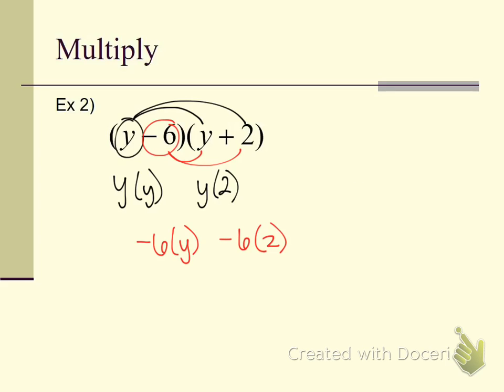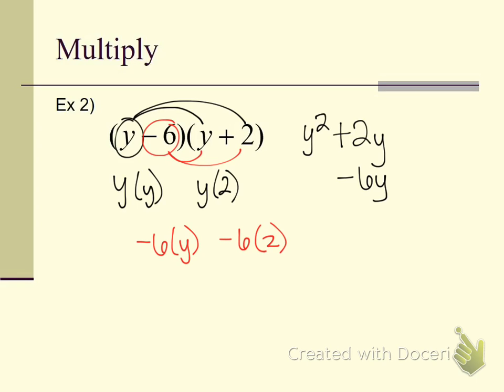What is y times y? Y squared, y to the second, y times 2 is plus 2y. Negative 6 times y, lined up under, good, negative 6y.